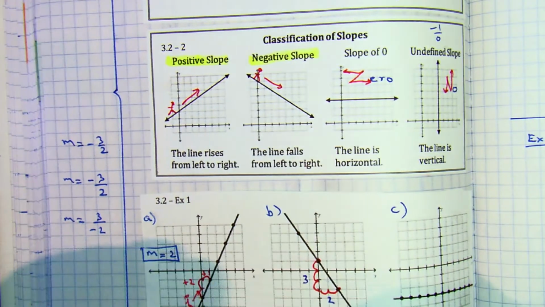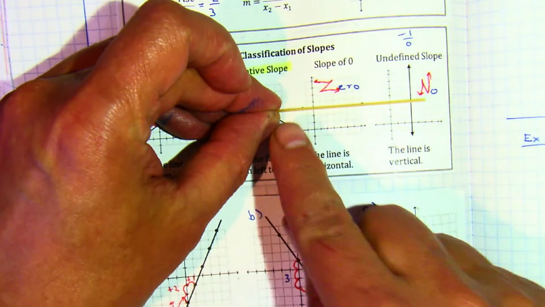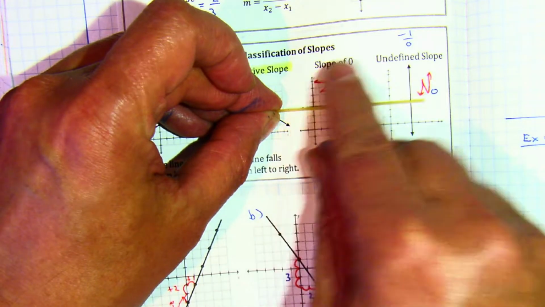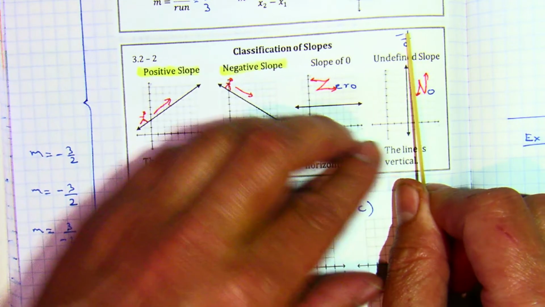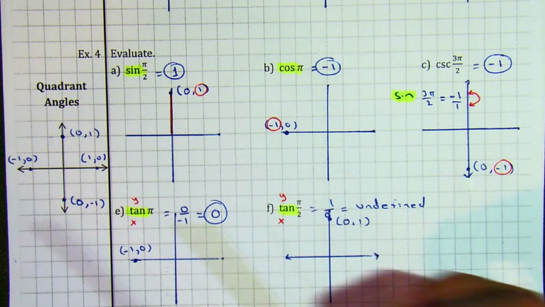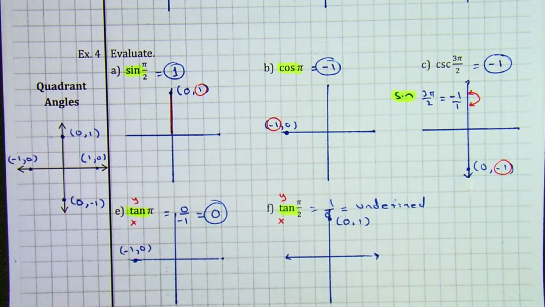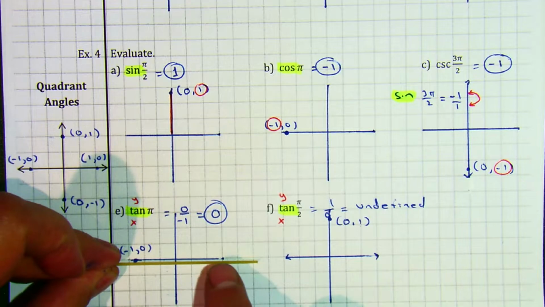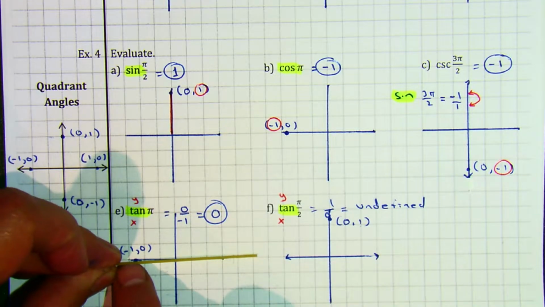And therefore, whenever it's a horizontal line, at 0 or pi, it is a 0 slope. When it's a vertical line, it's undefined. So the same thing will happen here. If it's either 0 or pi, your tangent will be 0.